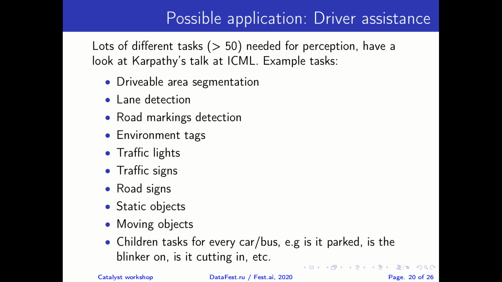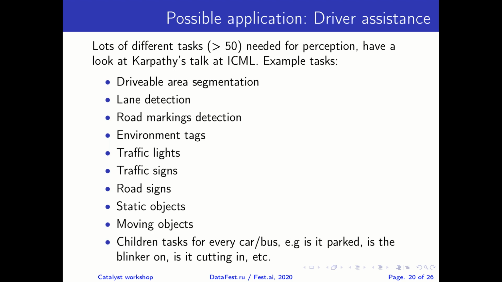Another one would be driver assistance. Here I'm highly recommending the talk of Karpathy at last year's ICML. It was a great talk, and actually it was my inspiration for developing this small library.